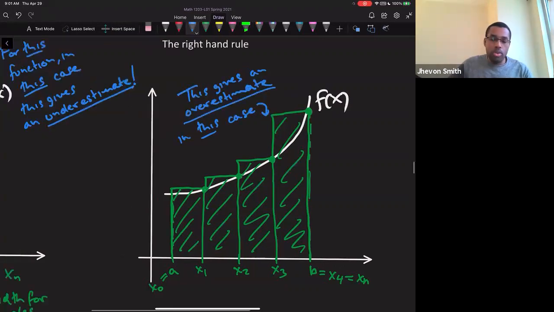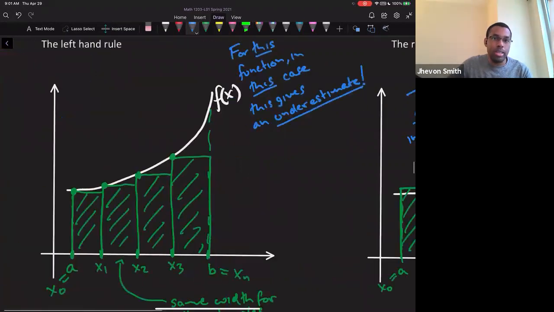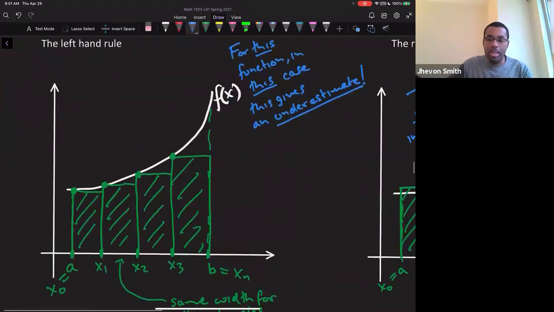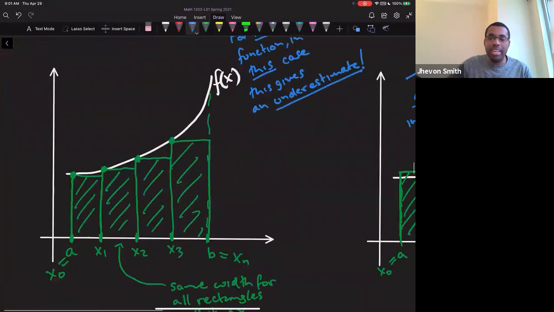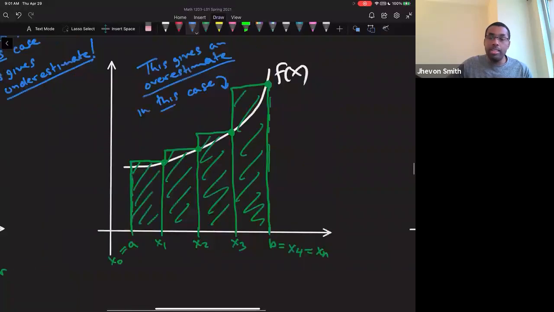So the midpoint rule came in because sometimes we want to minimize the underestimate as well as the overestimate. We want to get to the answer quicker and closer to the answer. So they invented the midpoint rule.